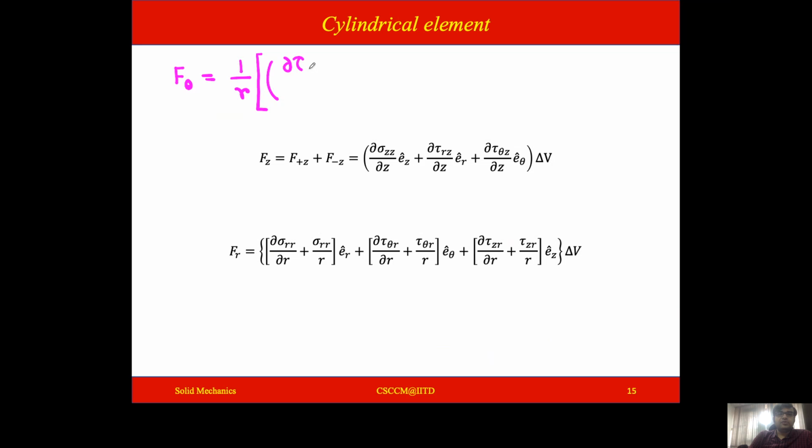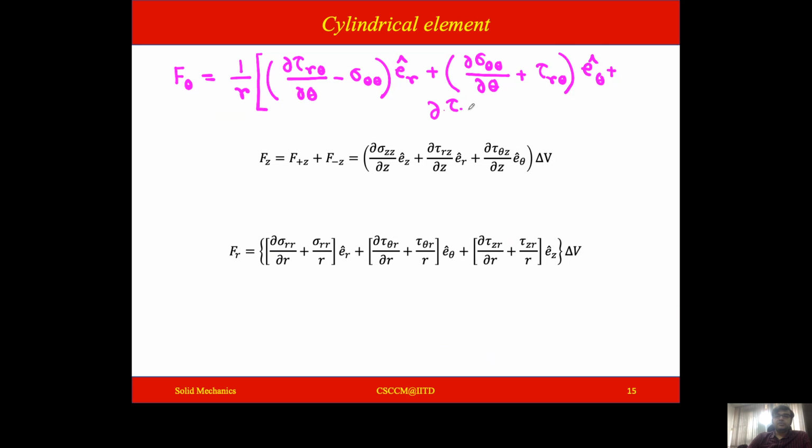You have del tau r theta del theta minus sigma theta theta, and this is er cap, plus del sigma theta theta del theta plus tau r theta, and this is multiplied by e theta cap, plus del tau z theta del theta, and this is multiplied by ez cap, and then your total volume.